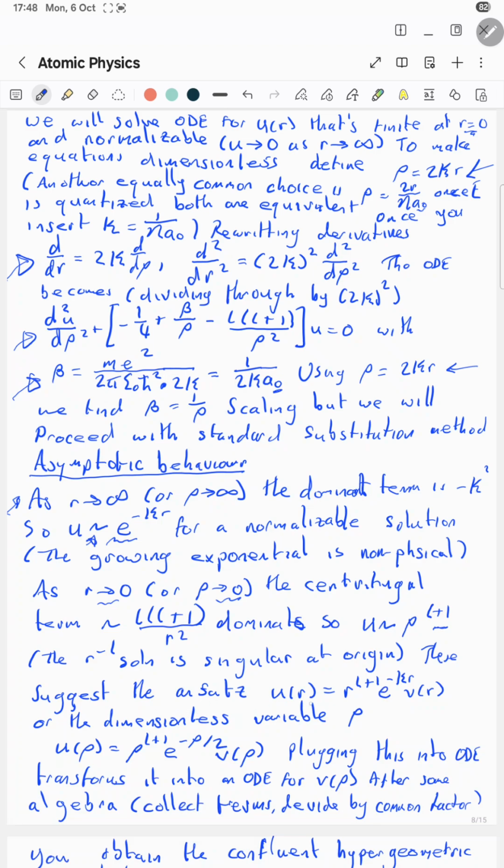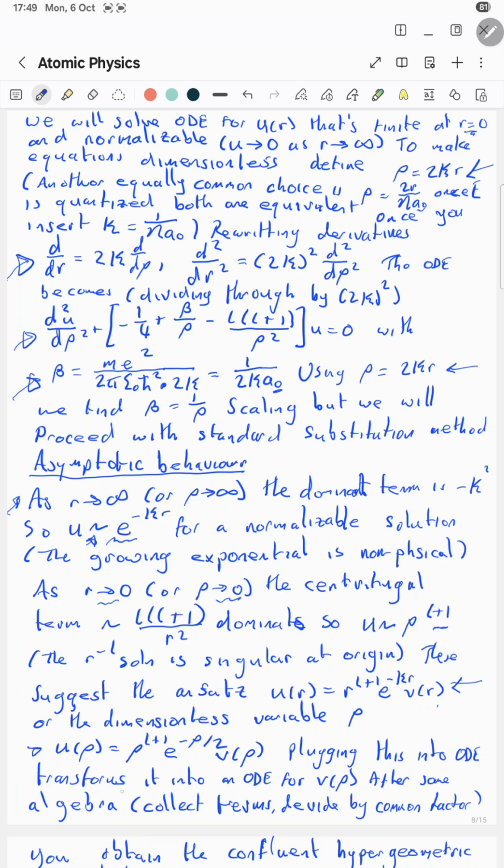These suggest an ansatz, u of r equals r to the L plus 1 times e to the minus kappa r times v of r, or in the dimensionless variable rho, u of rho equals rho to the L plus 1 e to the minus rho over 2 times v of rho.